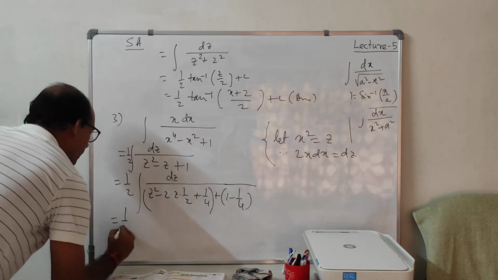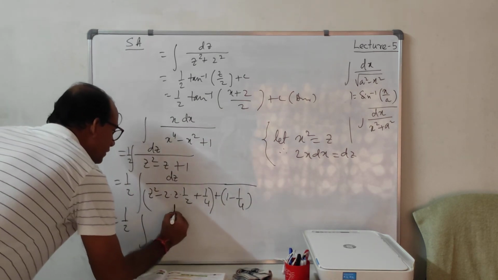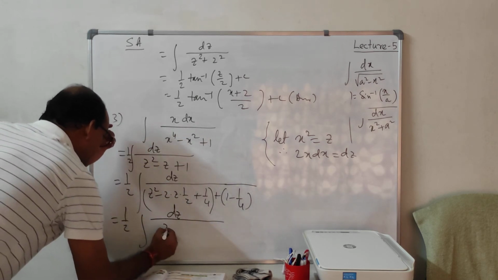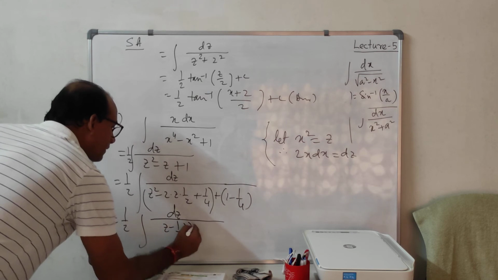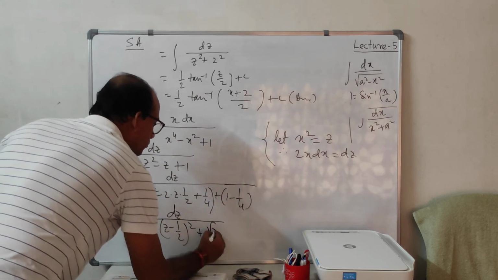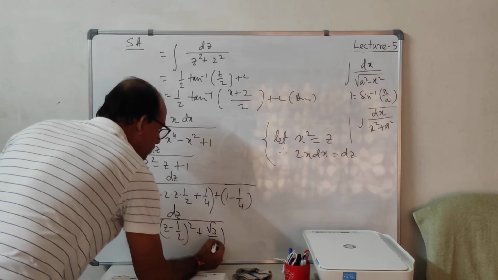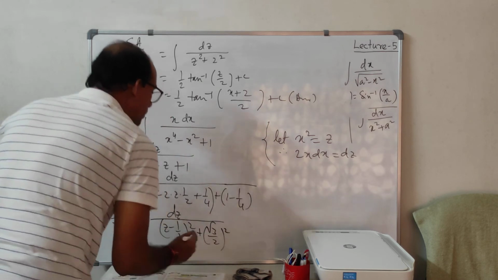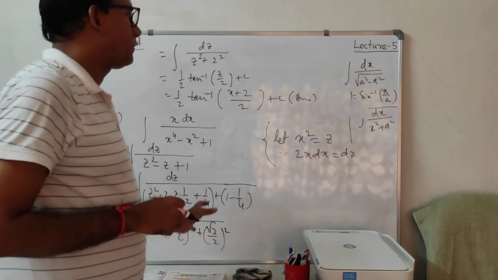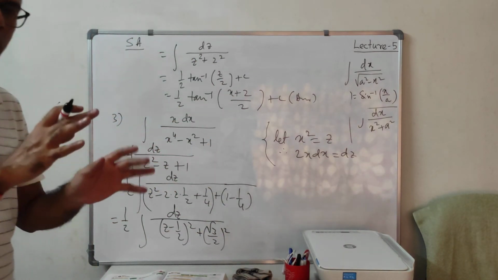See, half integration dz by this part is nothing but z minus half whole square, and this part is 3/4. You may write root 3 by 2 whole square to see the given problem in exact standard form.